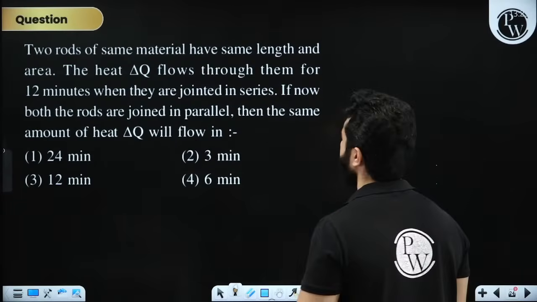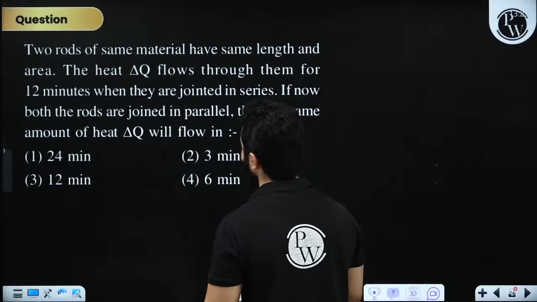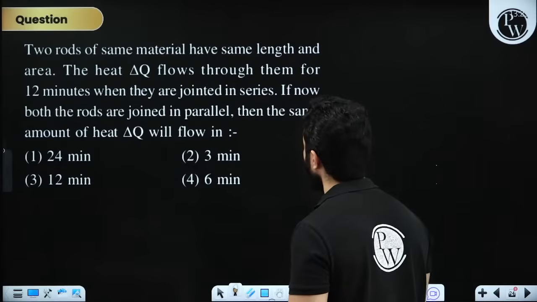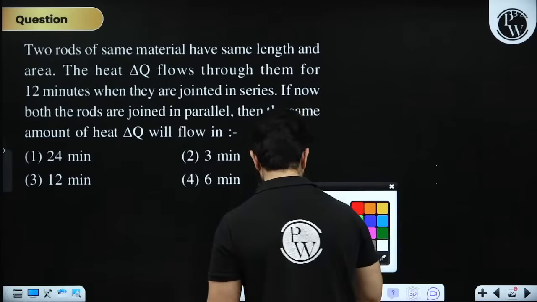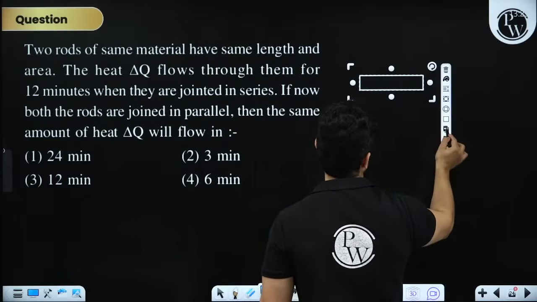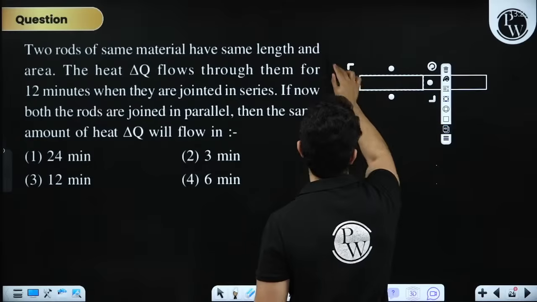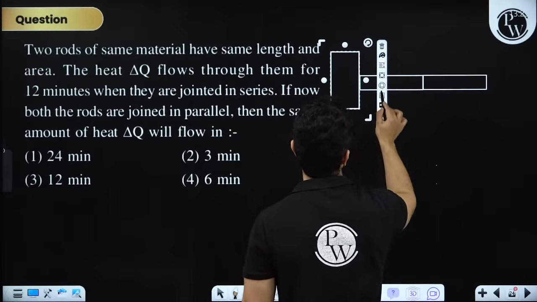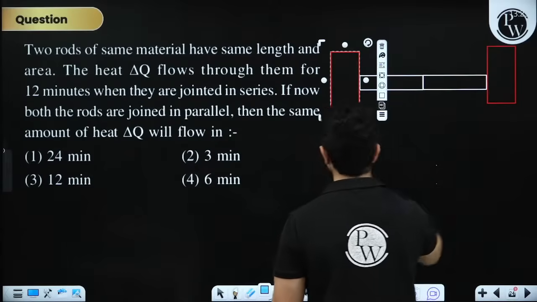Done? Chalo. Two rods of same material and same length and area, the heat delta Q flows through them for 12 minutes when they are joined in series. Okay. So when they are joined in series, let's suppose you have got two rods, something like this.